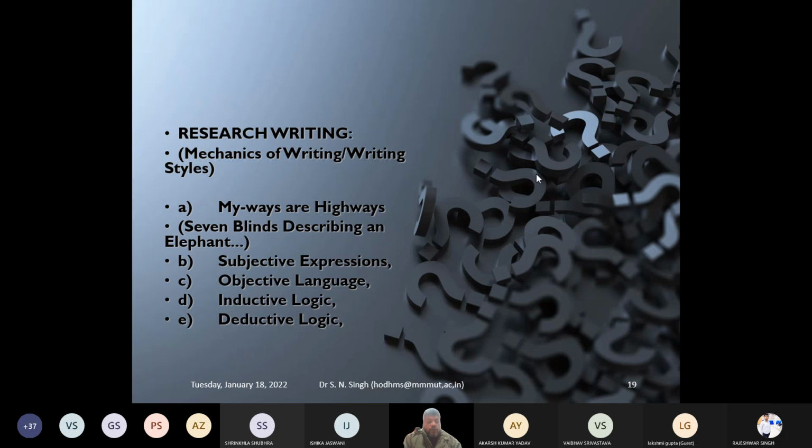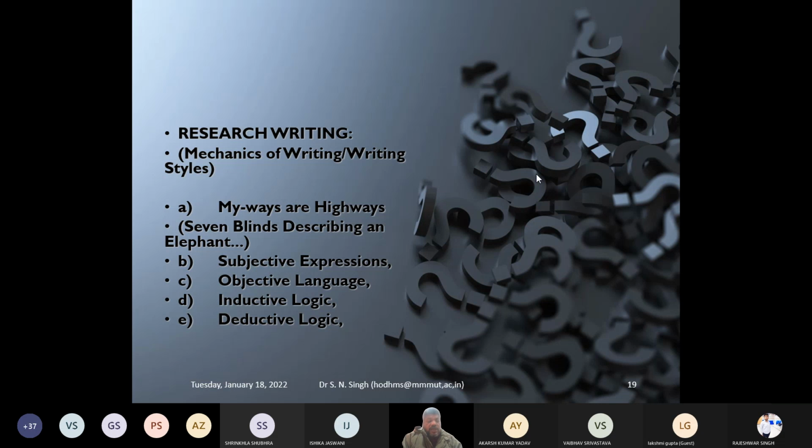It means you normally pick the pen and start writing the way you wish to write. But that is never a good idea for documenting your research work or your report. Here I would like to give you an example of this writing style.